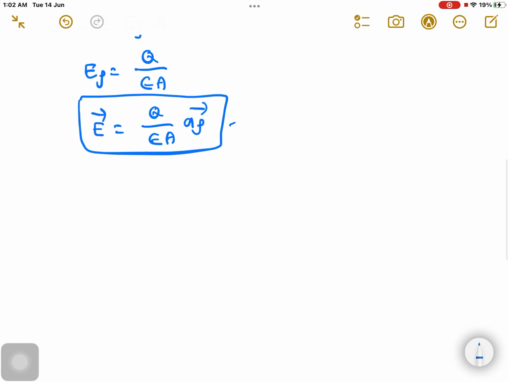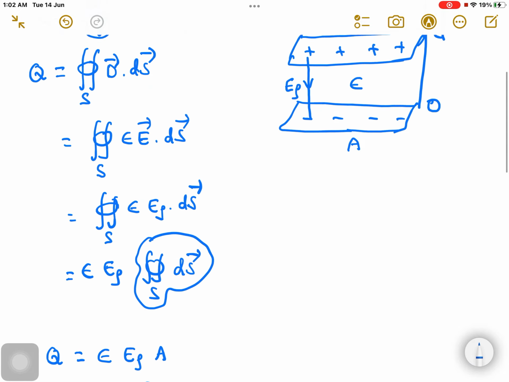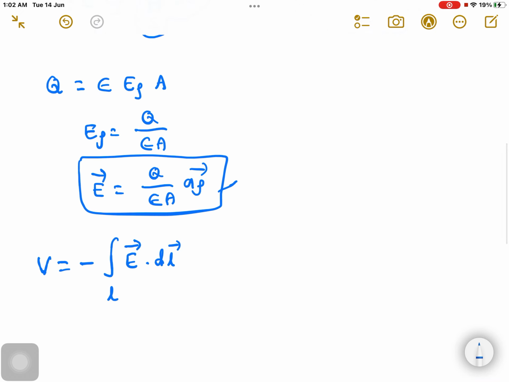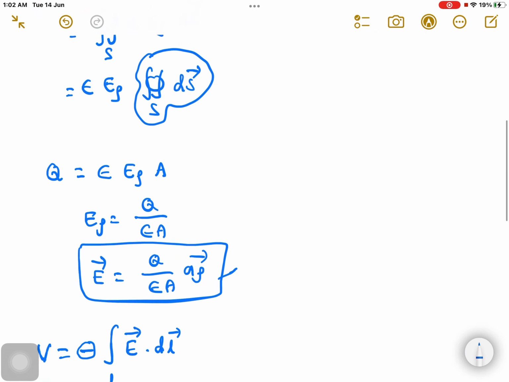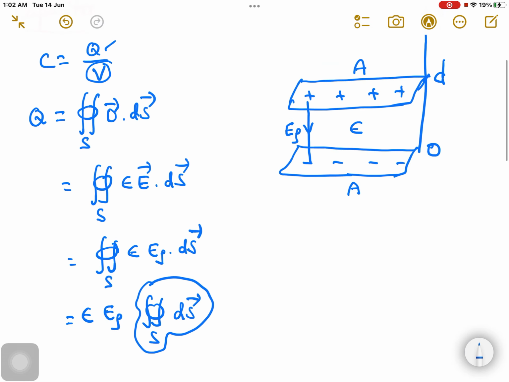We know that V is expressed in terms of E bar as minus integral over L of E bar dot dl bar. Why? Because we already know E bar. Going back to the diagram, why have we considered the negative sign here? Because it is due to the external work done in the opposite direction of the original force existing due to the charge distribution. Coming to the integral over L, let us consider this as conductor 1 and this as conductor 2.